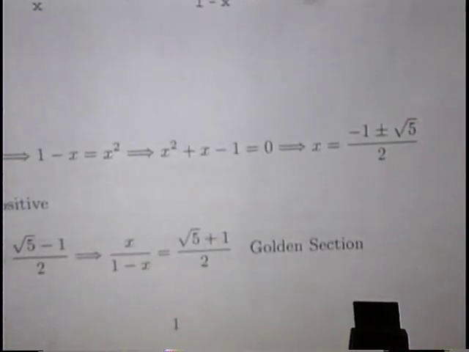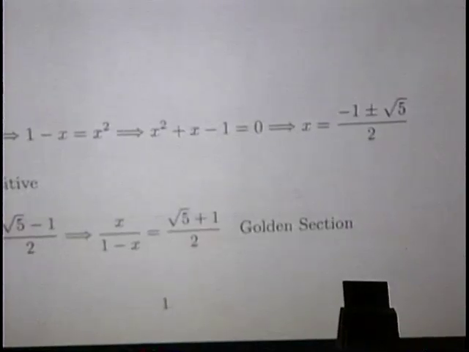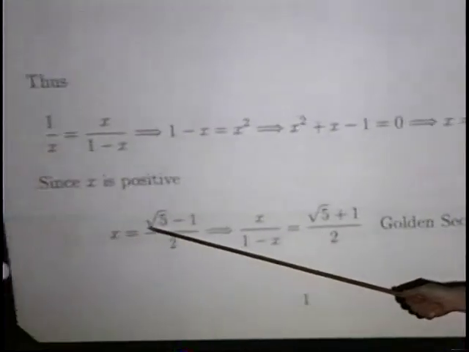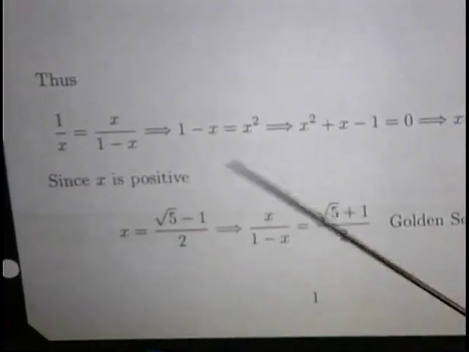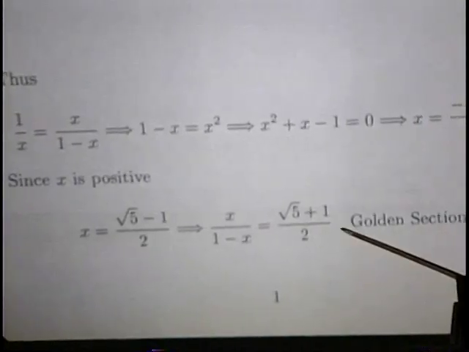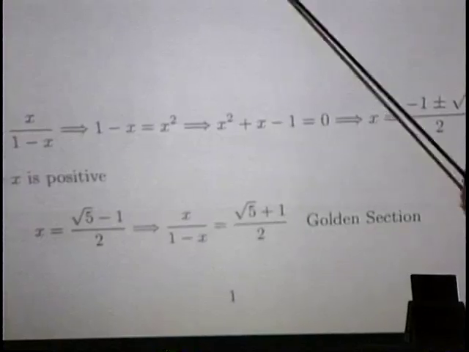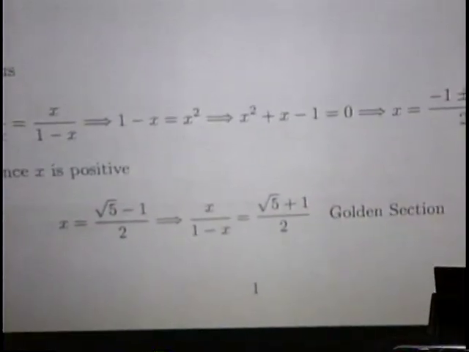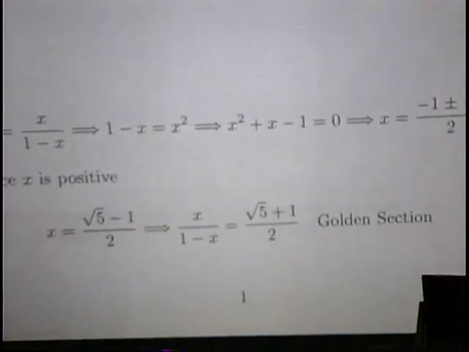So that's just to stress that the square root of 5, we can test easily, has to come out of this. That's x. It has to be positive, so we can't take the minus sign. We have to take the square root of 5 minus 1, over 2. And if I'm not mistaken, I'm sure what the golden section is, but I think it's the ratio of these two lengths, which would be, if you make the calculation, an interesting algebraic exercise, the square root of 5 plus 1 over 2.